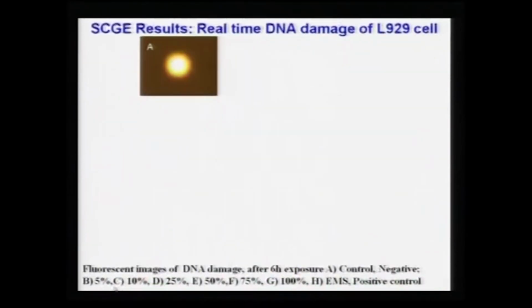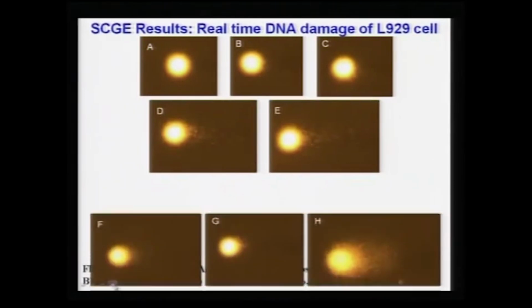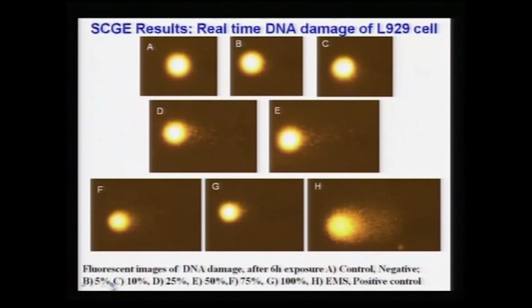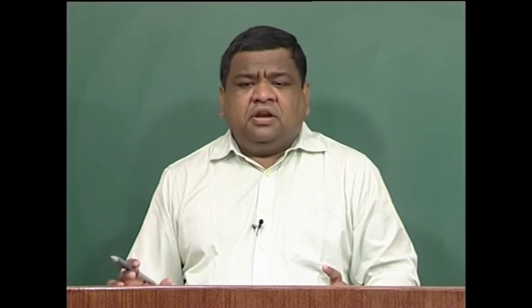Okay. The single cell gel electrophoresis, which I have already mentioned to you in the last lecture, shows the real time DNA damage. So, this is the negative control, and this is called the positive control. Positive control means that we use some solution, and when you treat cells with that particular solution, it will show extensive genotoxicity.